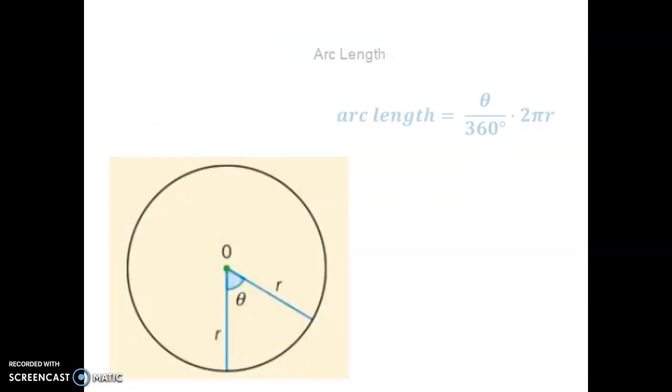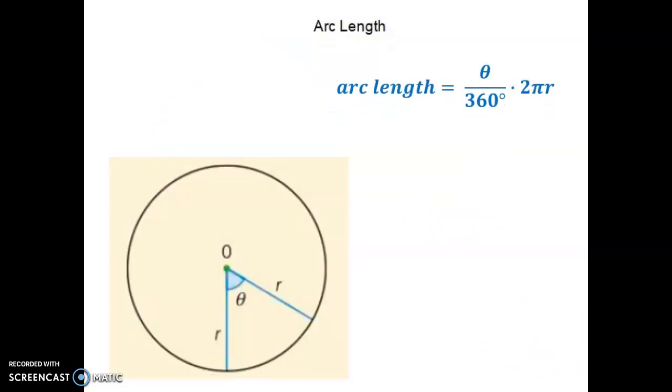Let's apply it a little bit. Just going back in time again, I want to show you that this resembles the arc length formula. When we were finding the length of an arc in the last unit, we did the same thing. We found a portion of a circle, and we multiplied by 2 pi r. 2 pi r is not the area, it's the circumference, because remember, an arc, for example, here to here, is a portion of the circumference. So we're doing a portion times the full circumference.